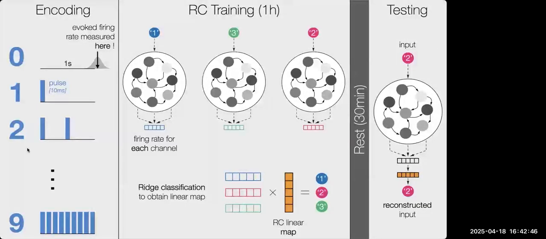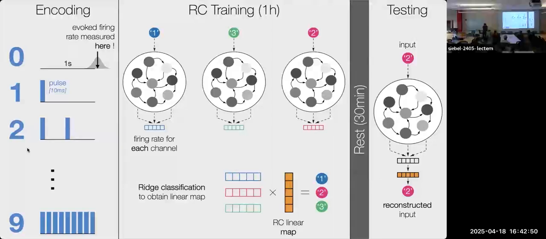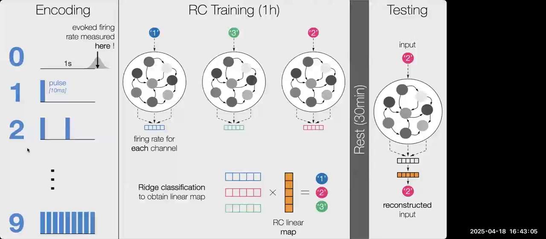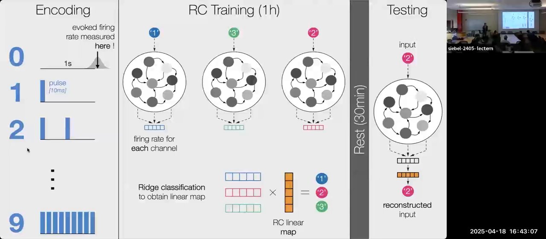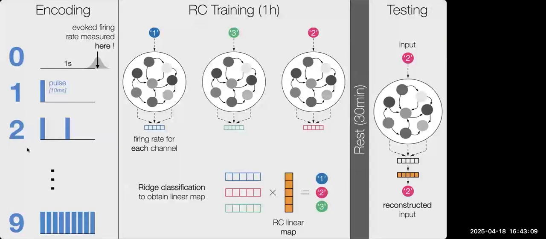Can you go back one slide? So during the testing period, we tried to shine the pattern in the random sequence of input, and then we're trying to reconstruct back exactly the same sequence of input. Okay, and you see how long it takes to get the same sequence back, right? Yes.